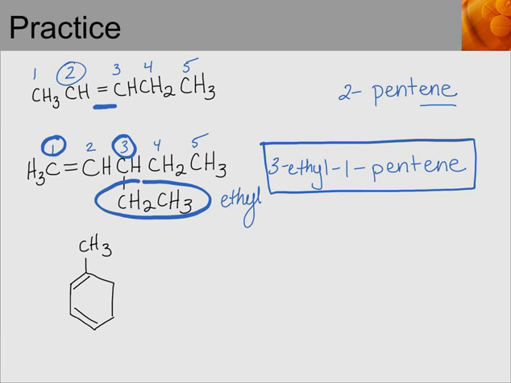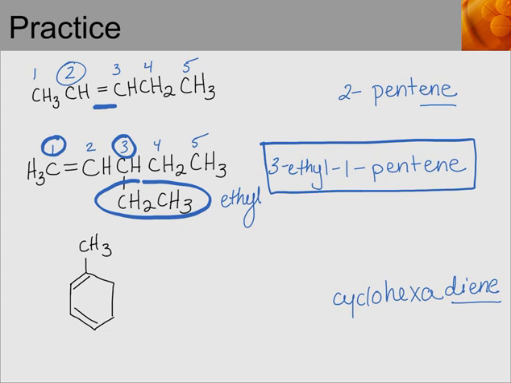All right, so we've got 2 double bonds in a ring. And how many carbons are in the ring? 6. So normally we would call this cyclohexane, but we have 2 double bonds. So we're going to call this cyclohexadiene to indicate that we have 2 double bonds.